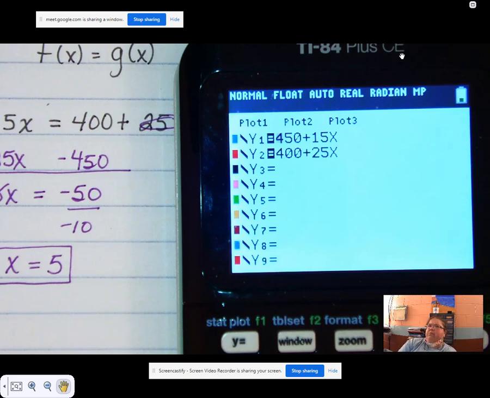You can push graph, but it won't help you because 450 is not going to be on there. So I'm going to go straight to the table.